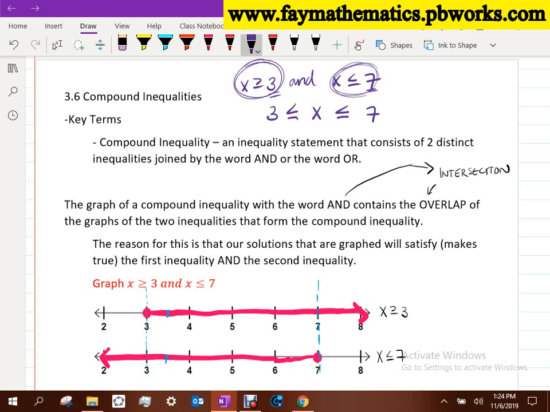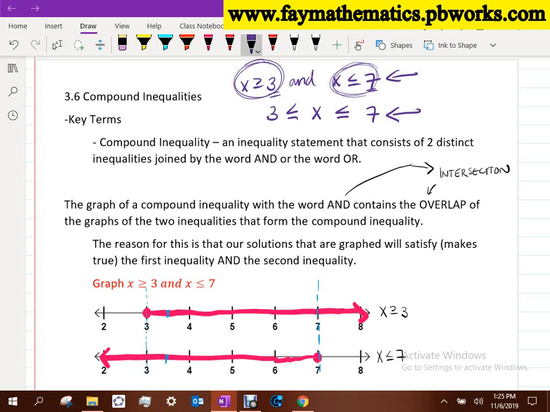Okay. Now, this statement here and that one there say the exact same thing. When you write one like that bottom one, 3 is less than x is less than 7, the number on the far left needs to be the smallest. The number on the far right needs to be the biggest. Okay? Now think about this.